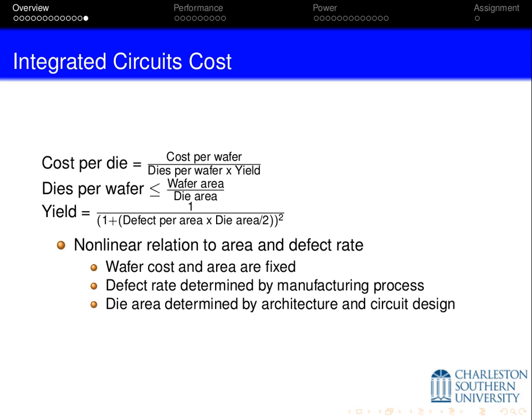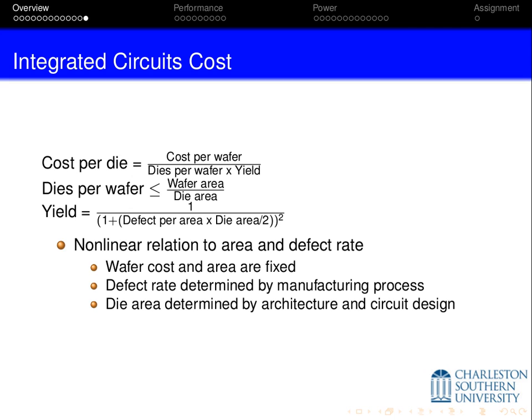Let's put some numbers in there just for fun. What would the die area be? 50? Sure. 50 millimeters squared. Sorry, the defect per die area. You forgot the plus sign after the one. How many defects should we have on average per die area? A lot.